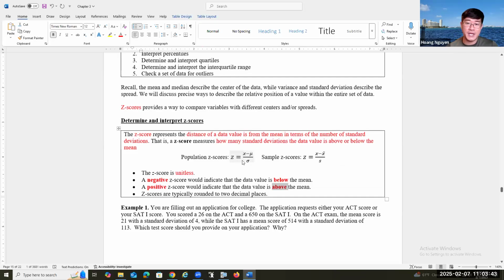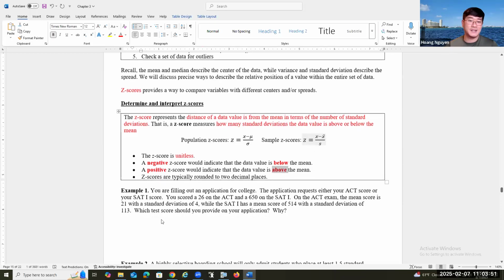Once again, we can have the calculation based on parameters or based on statistics. Let's give it a try with this question. You are filling out an application for college. The application requests either your ACT score or your SAT score. You have a score of 26 on the ACT and 650 on the SAT.